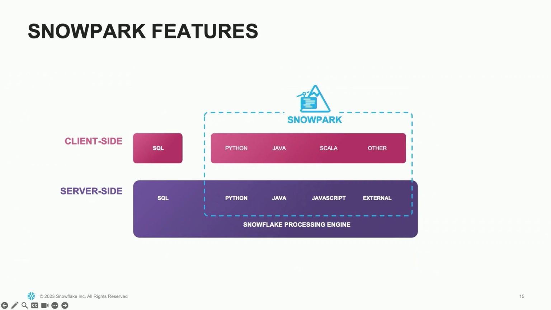So, okay, when it comes to Snowpark, it's an umbrella term. That's the first thing to know. It incorporates a number of features from Snowflake. On the server side, we'll start at the bottom here. From the beginning, Snowflake has supported SQL and really JavaScript as a way to script and do some programmatic work. What Snowpark added was the ability to run Python, Java, and Scala natively in Snowflake.